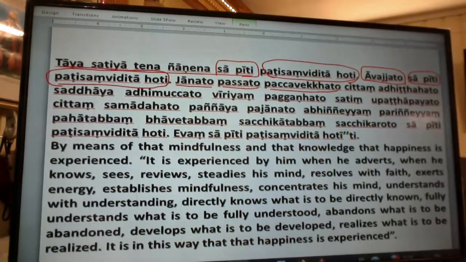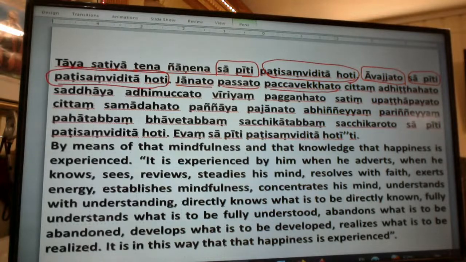Three different moments: jhana do, passado, pachavakana do. Jhana do is knowing the jhana factors, seeing the jhana factors, reviewing the jhana factors. So the jhana factors include things like piti.